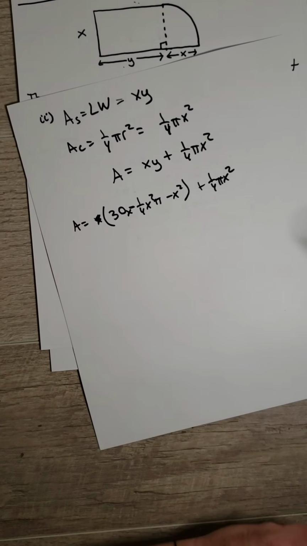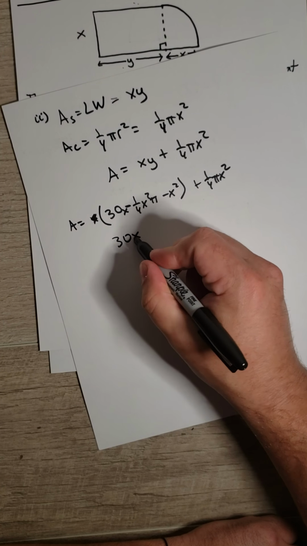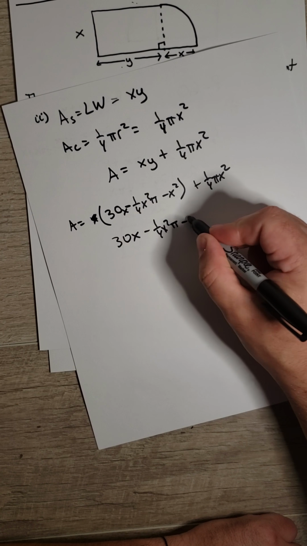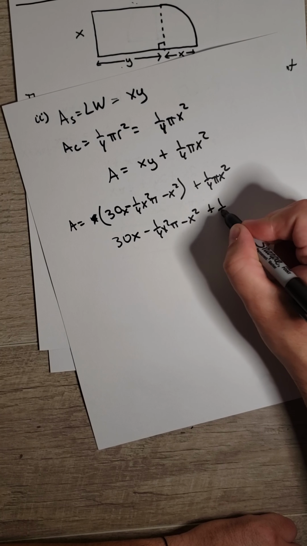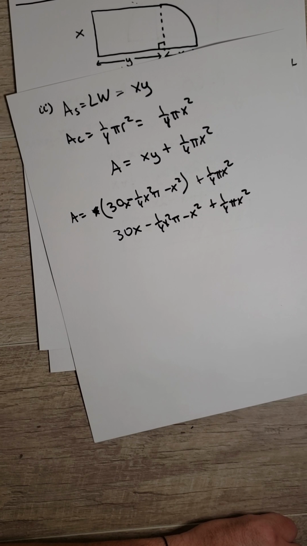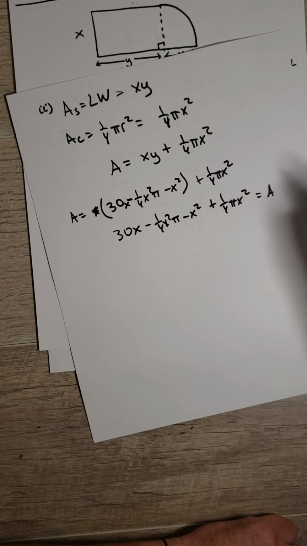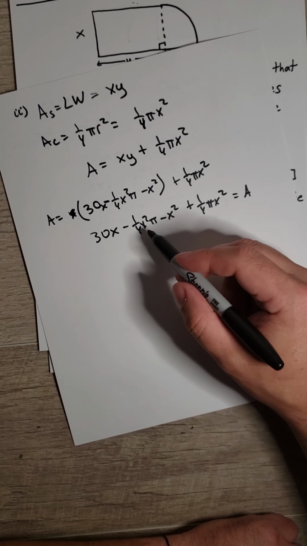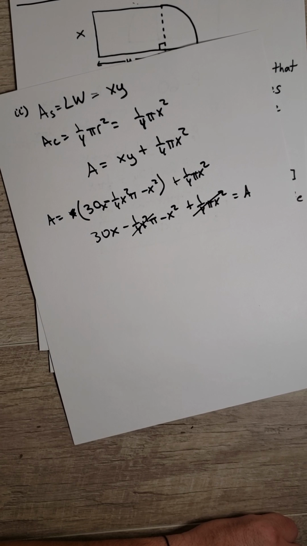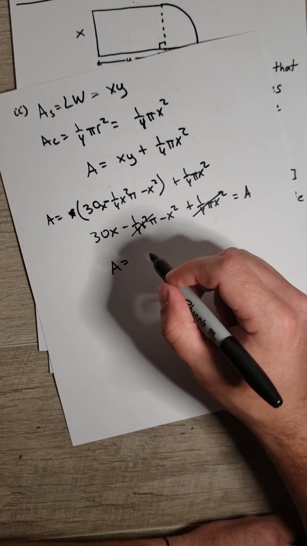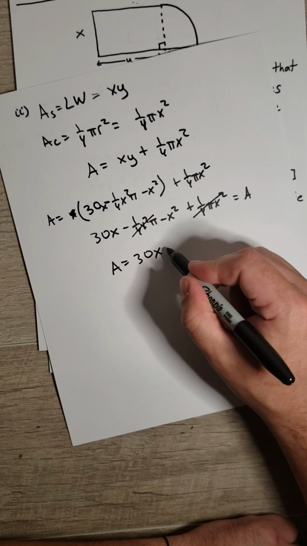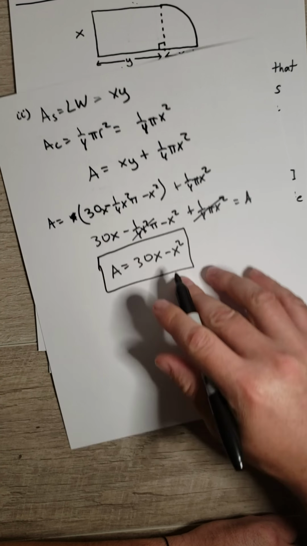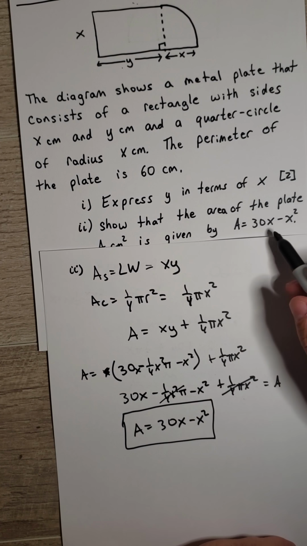I already distributed the x to those. So I have 30x minus 1/4 x squared pi minus x squared plus 1/4 pi x squared equals A. You can see here the negative 1/4 pi x squared and the plus 1/4 pi x squared go away, and we just have A equals 30x minus x squared. Exactly what they want us to show.